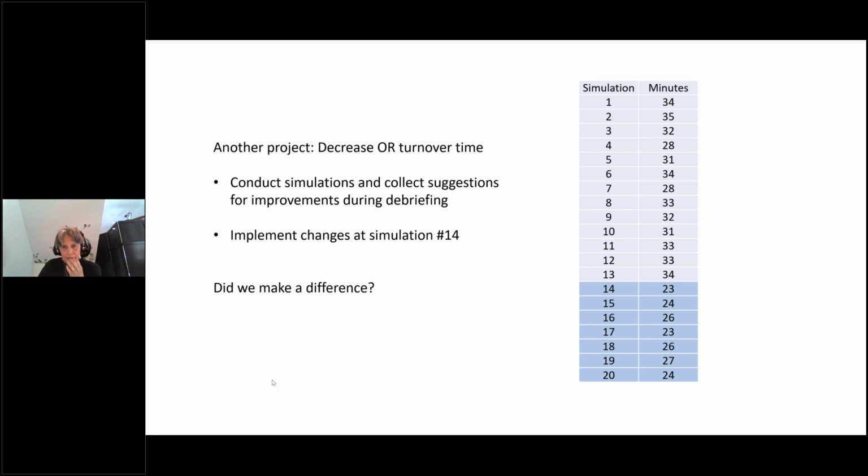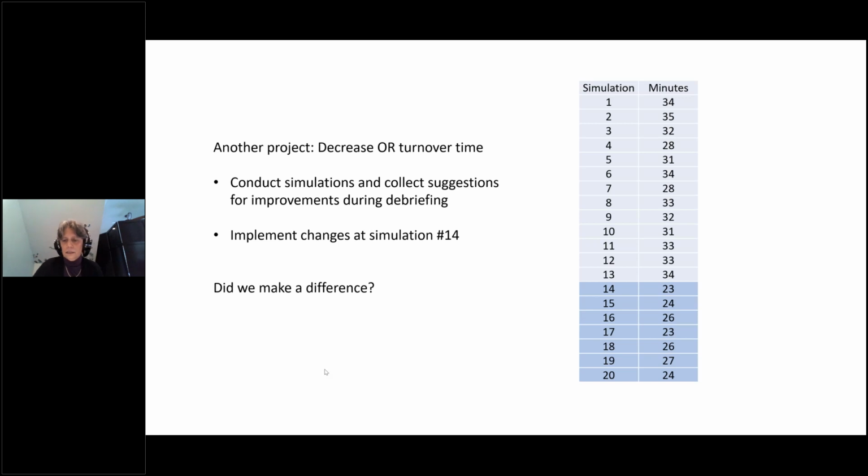And maybe it turned out that the resources that were needed to set up the OR were in different places, or maybe there was a delay in getting the patients ready in the PACU, or whatever it was. We took the suggestions that we developed during the debriefings of the simulations, and we tried to implement them at simulation 14. And that's why I made it a slightly different color, because we changed our process.